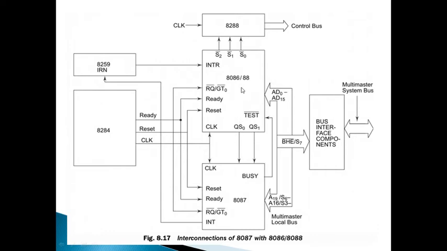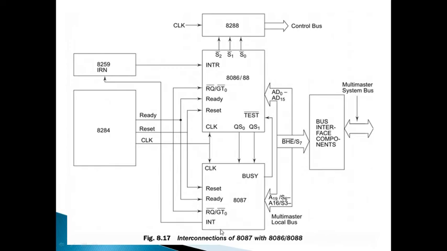And here, as it is an 8086 and 8087 multiprocessor system, it means that whatever configuration we are learning right now is a maximum mode configuration, and hence 8288 is acting as a bus controller, which is responsible for generating the control signals in order to perform any operation, that is memory read, memory write, opcode fetch, or instruction fetch, etc.